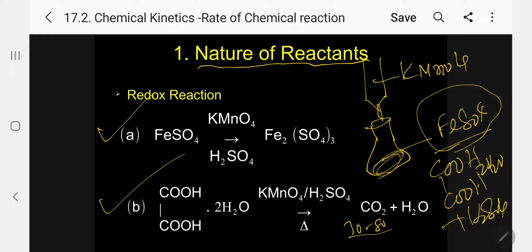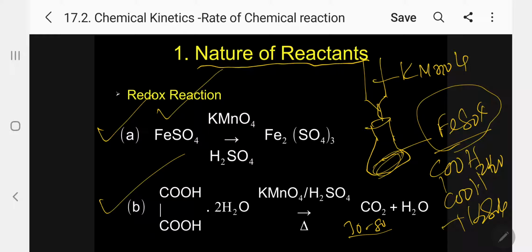But when you add potassium permanganate slowly, drop-wise, and shake, initially the reaction will be very slow, and slowly the reaction becomes faster. The idea here is the nature of reaction. Both are redox reactions. That is, permanganate is an oxidizing agent, ferrous sulfate is a reducing agent. Ferrous sulfate is getting oxidized, permanganate is getting reduced. It is a redox reaction.